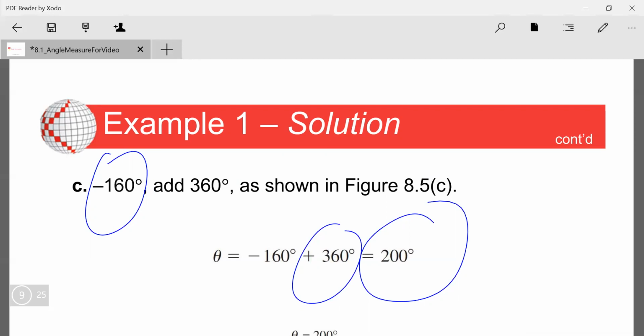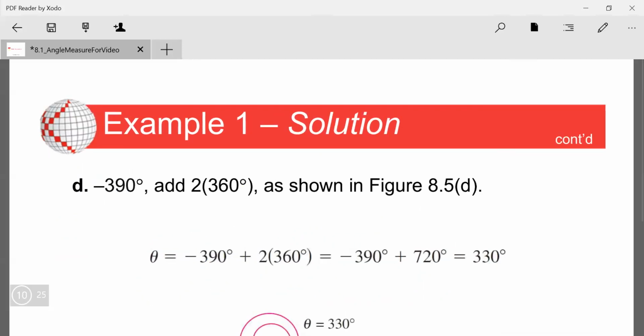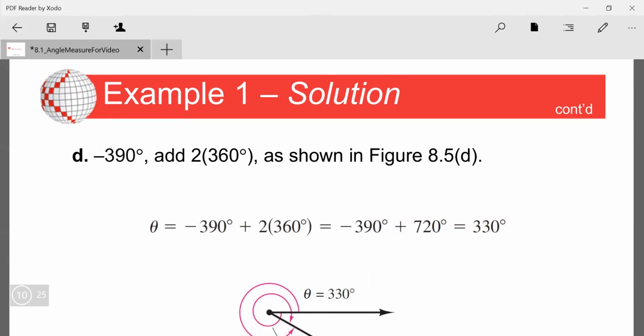Now in the last example, we have negative 390. In this case, we can start with adding 360, and we will realize that if we only add 360, the resulting angle is still negative.